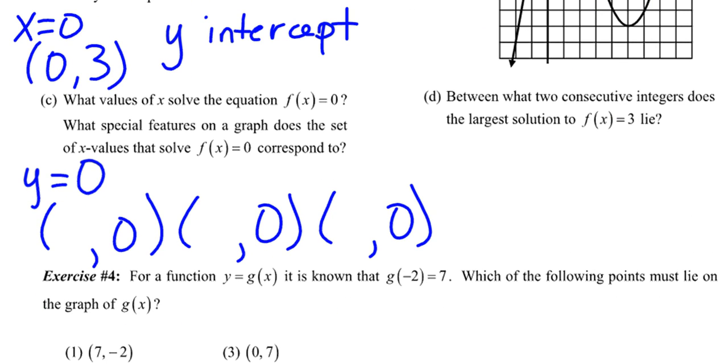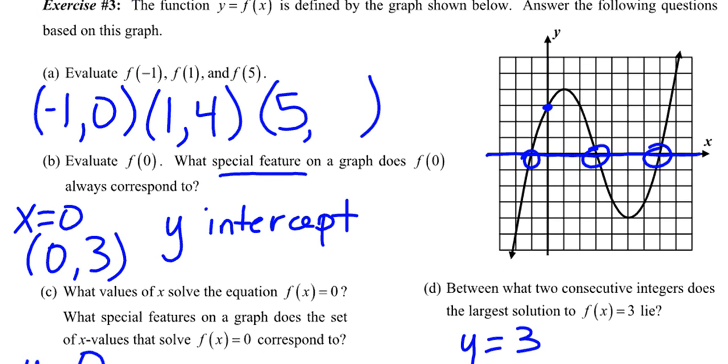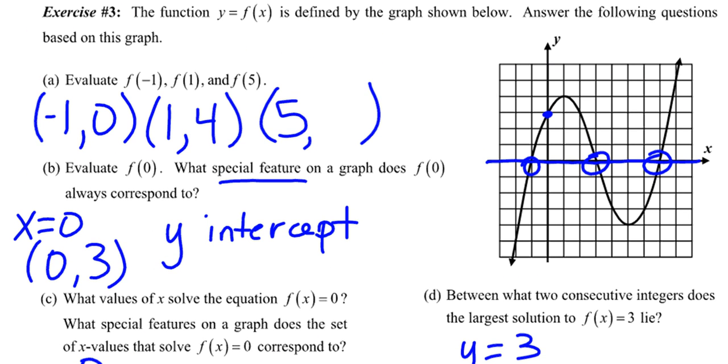Then you've got, between what 2 consecutive integers does the largest solution to f of x equals 3 lie? So that means when y equals 3. So I'm going to draw a red line for that. Okay, so here's my y-axis. 1, 2, 3. Okay.